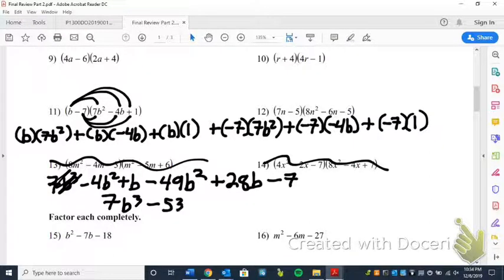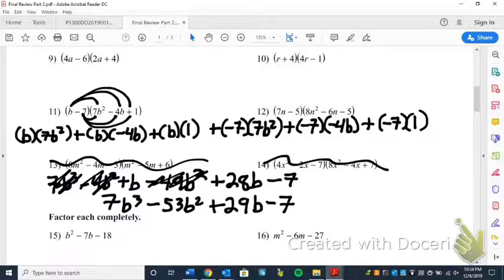But we have both the 4b squared and the 49b squared. They're both negatives. So we have -4 minus 49 is -53b squared. And then we have 29b minus 7. And that would be how that works.